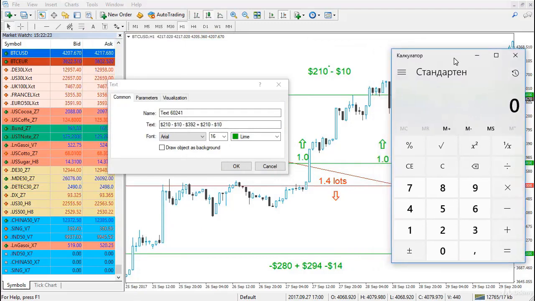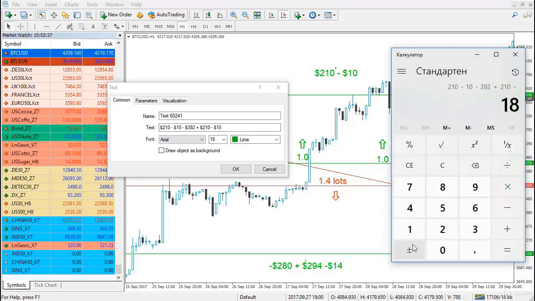So we have one lot up and then we have the negative of 1.4. So we have 1.4 times 280, right? So this is 392 and then we have plus 210 minus $10. So totally what we will have is 210 minus 10 minus 392 plus 210 minus 10. Okay, so what we have at the end, guys, is $8 of profit.